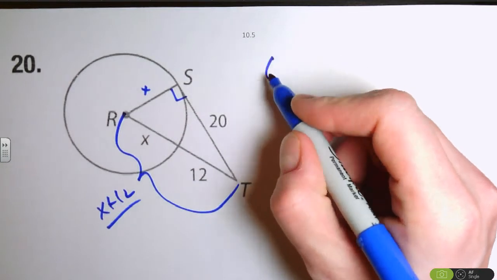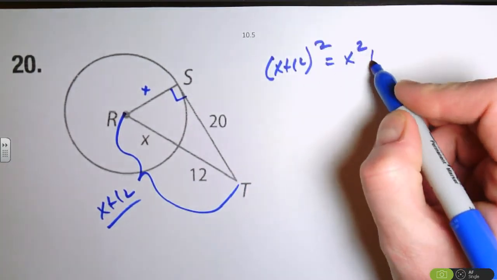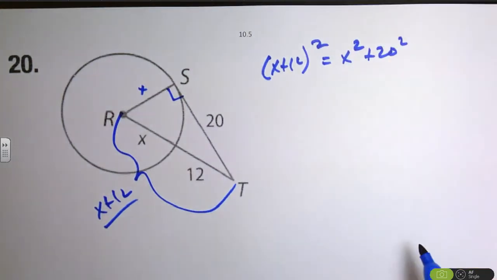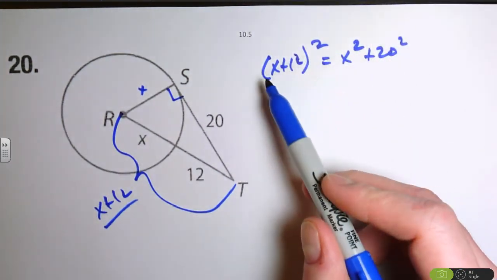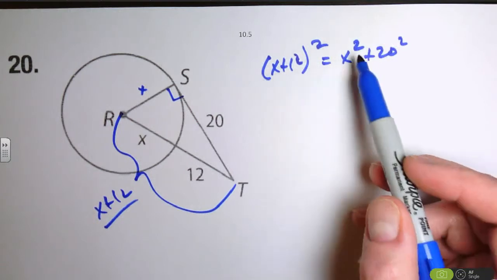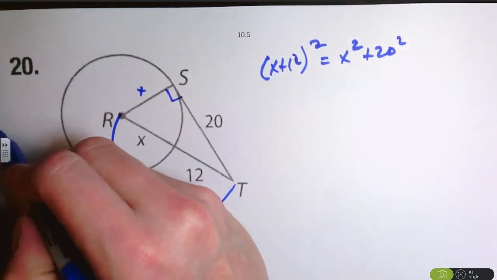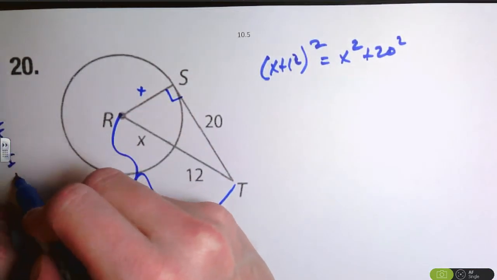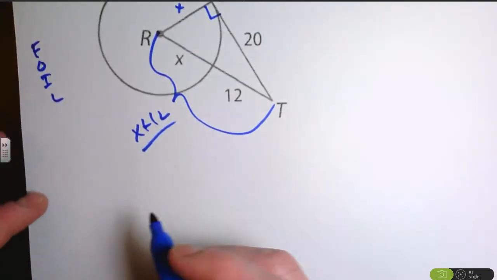So the quantity x plus 12 squared equals x squared plus 20 squared. And the issue is that when I square x plus 12, the quantity squared, I have to go back to some old Algebra 1, good old FOIL.